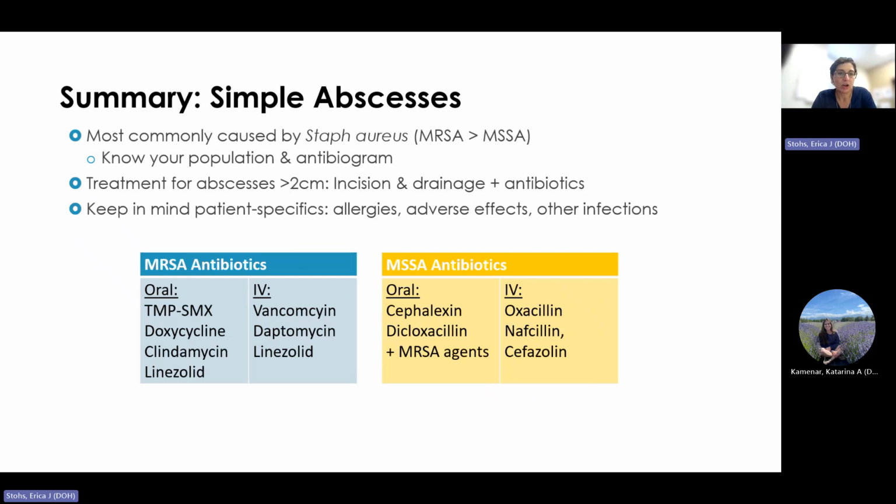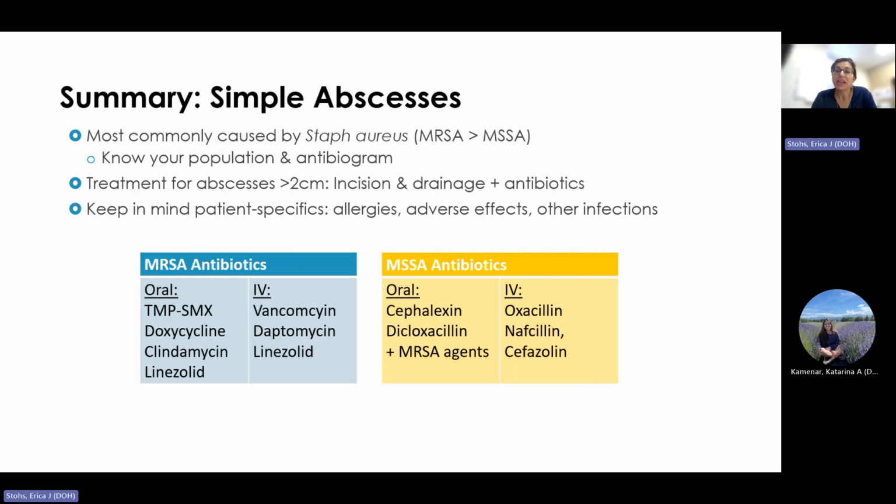Oral options are trimethoprim-sulfamethoxazole (Bactrim) and doxycycline. Next up, linezolid. And as you know, we're not big fans of clindamycin because of all the C. diff adverse events. The IV options for MRSA are vancomycin, daptomycin, and linezolid, which can be PO or IV.